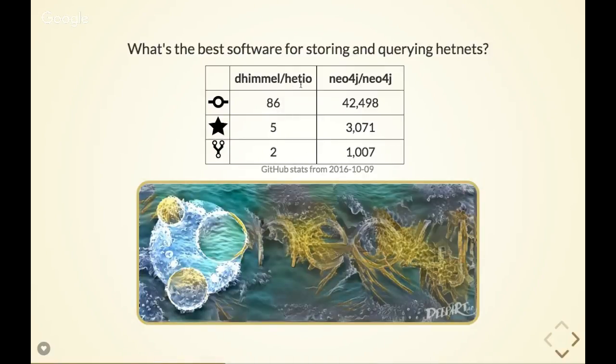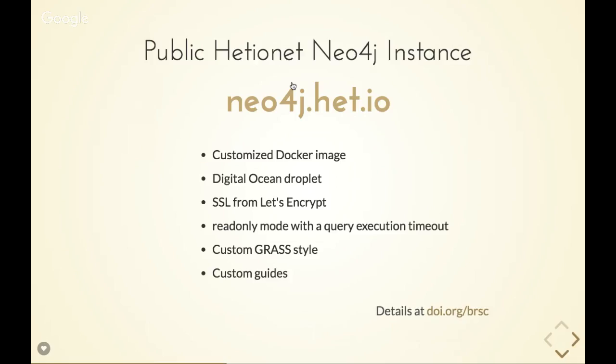So we actually still use the Hetio package, which is a Python package, but more as a wrapper around our Neo4j usage. So the main database is now in Neo4j. And we created a public Neo4j instance, which we'll be referencing throughout this meetup at neo4j.het.io.